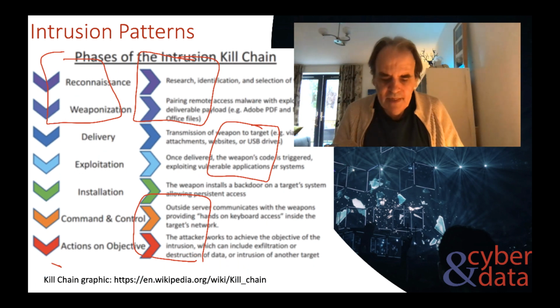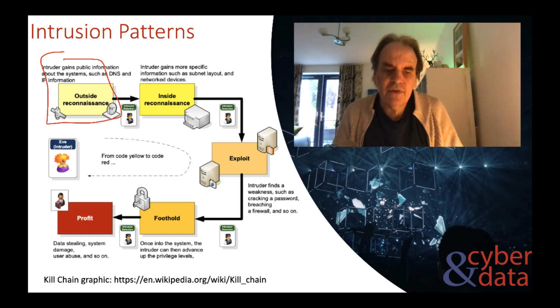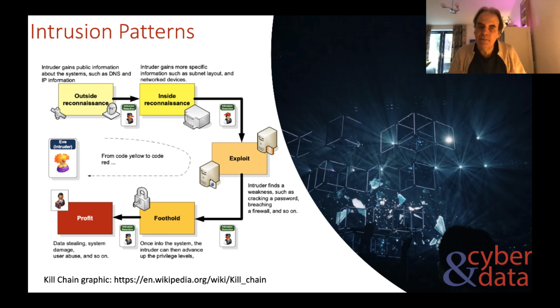So there tends to be several states that are involved, and it can take some time to go through each of the states. So we often have to set up an intrusion detection system at each point to be able to possibly detect an intrusion. If we can detect it, then possibly we can stop it from getting to this profit point.